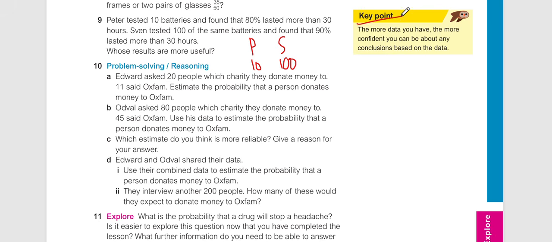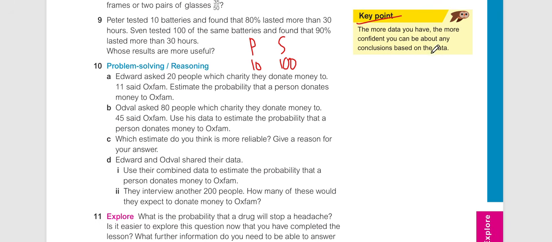See, there's a key point here. The more data you have, the more confident you can be about any conclusions based on the data. So whose result are you going to use? Sven's. Why? Because he used 100.